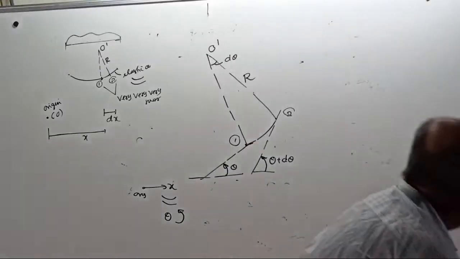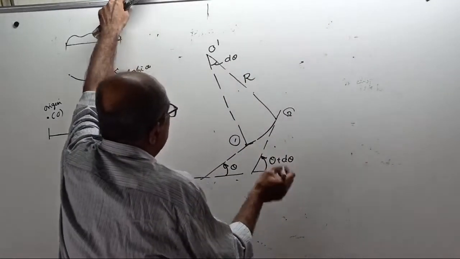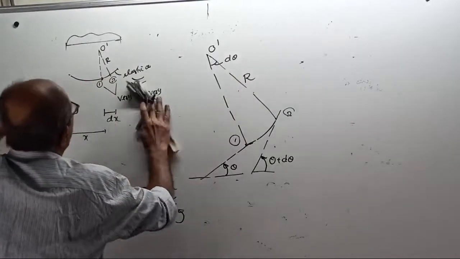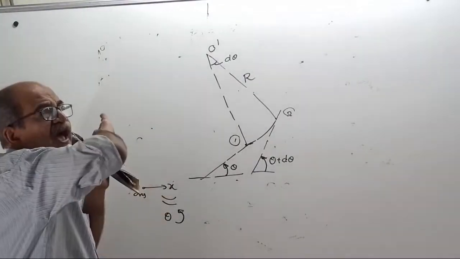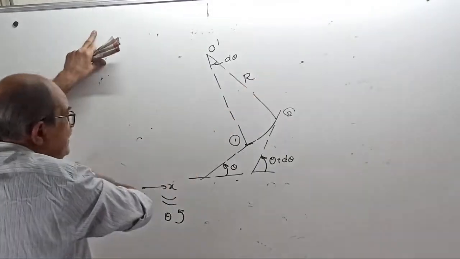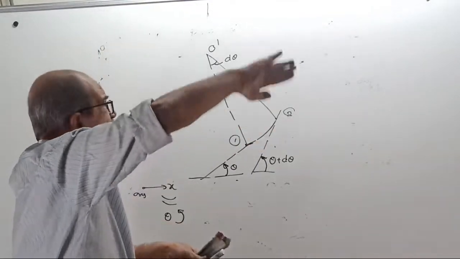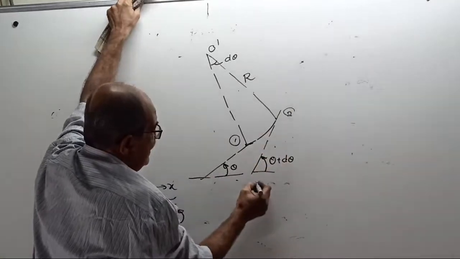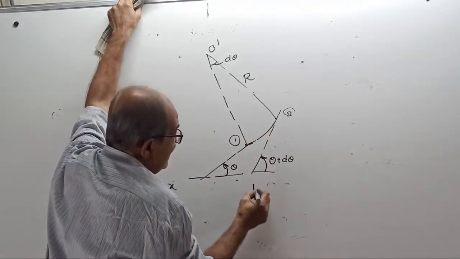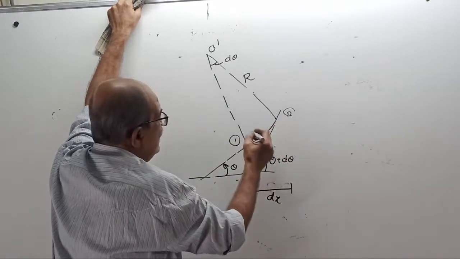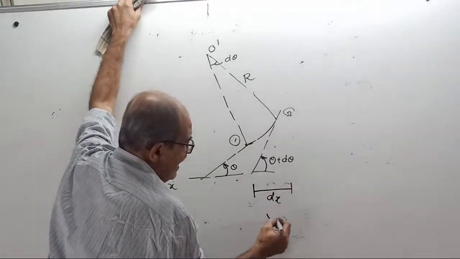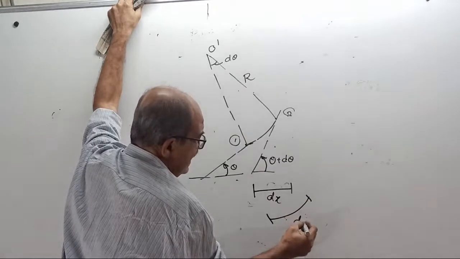Now, what you do is theta plus d theta. This all I will remove now. I took x this way, origin is here, and I consider a sagging beam. One more thing: the horizontal length between these two is dx, and this arc length is ds.